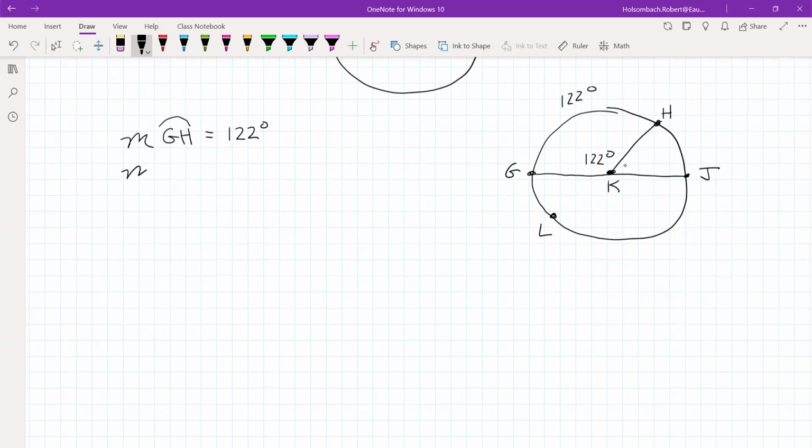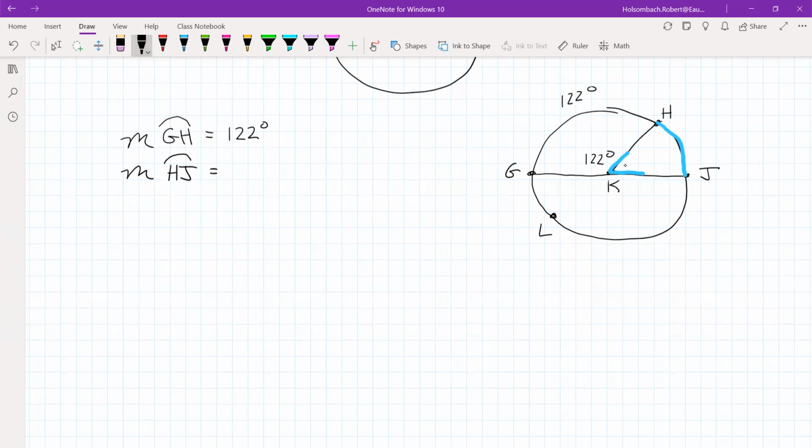The measure of arc HJ. All right, so the measure of arc HJ, this blue arc right here, is going to be the same as this central angle. And this central angle is a linear pair with 122, isn't it?